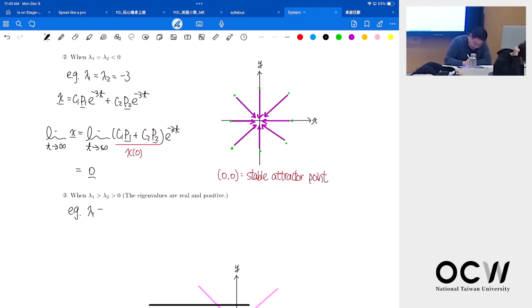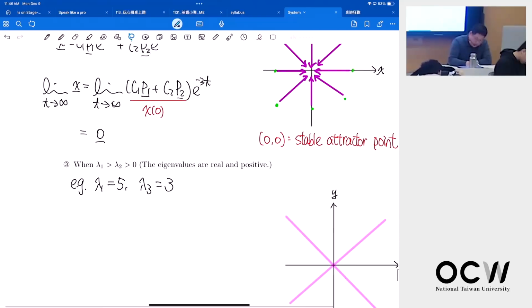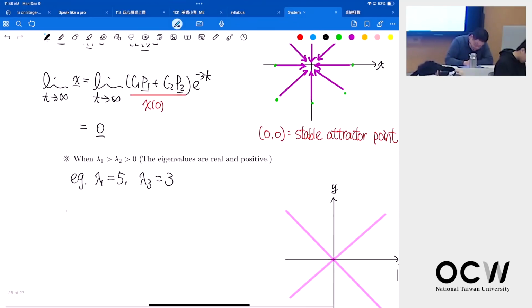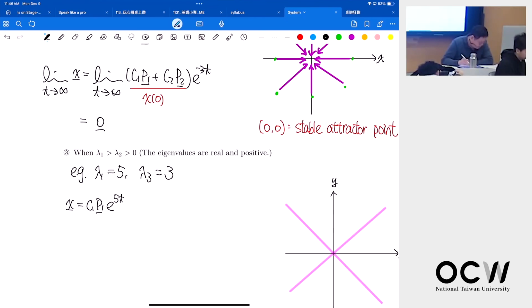Lambda 1 is 5, lambda 2 is 3. Then my x is c1 p1 e to the 5t and c2 p2 e to the 3t.